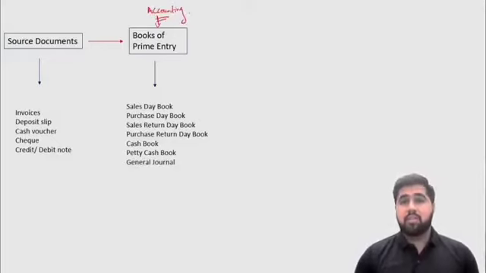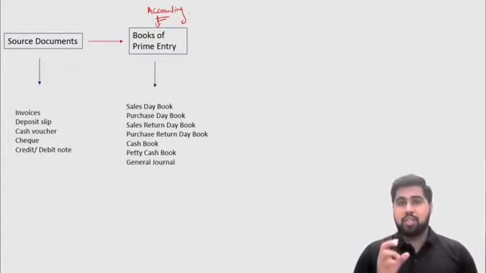A lot of people are of this opinion that accounting starts from your ledgers. No, it does not. Accounting starts from your books of prime entry. The books where you first record a certain transaction that has taken place.